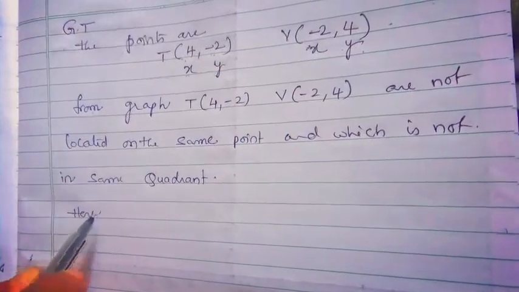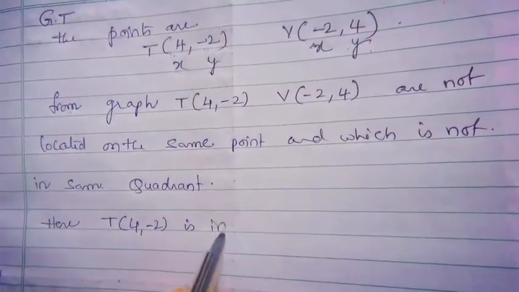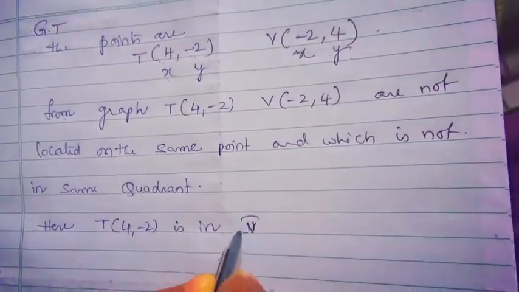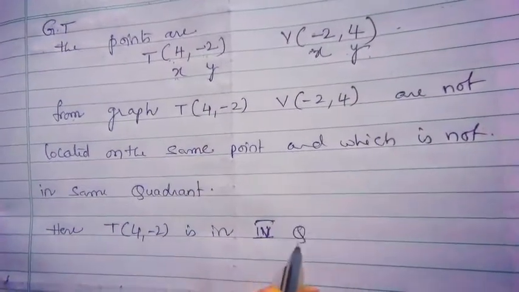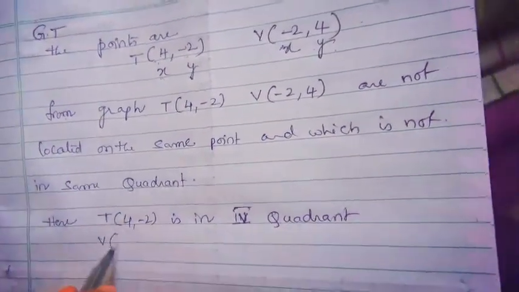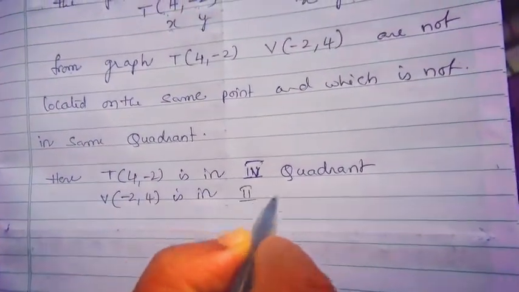T of 4 minus 2 is in the fourth quadrant, and V of minus 2, 4 is in the second quadrant.